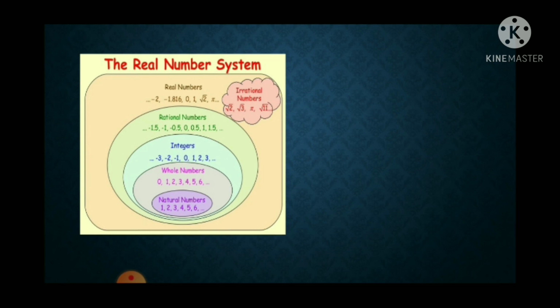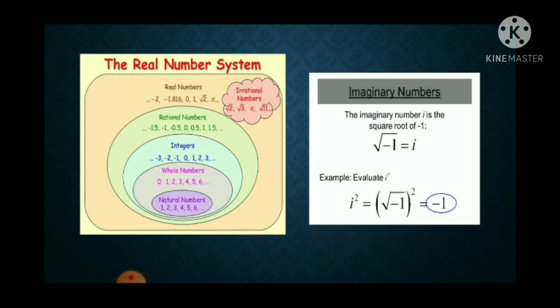So as example of irrational numbers are square root of 2, square root of 3, pi, square root of 11. Right. So example of imaginary numbers, diba? So I said, multiple of i. Right? So as shown in the figure, square root of negative 1 is equal to i. That is an example of imaginary numbers.